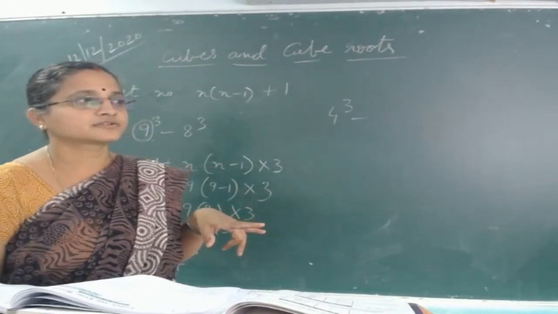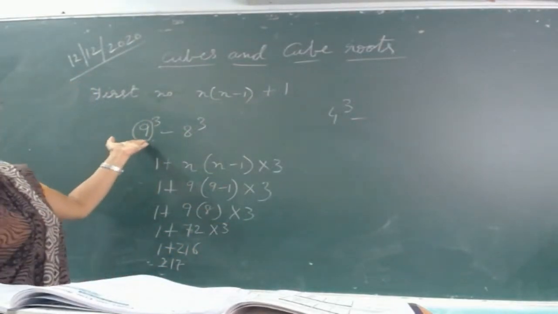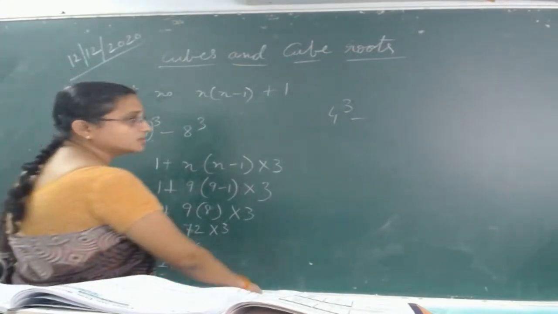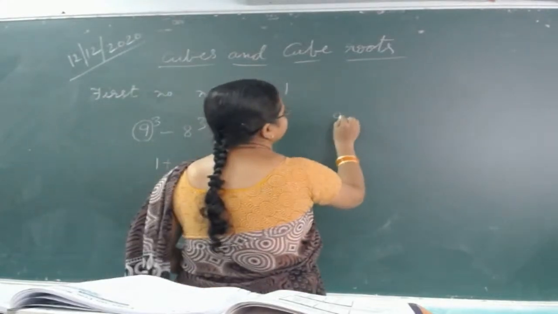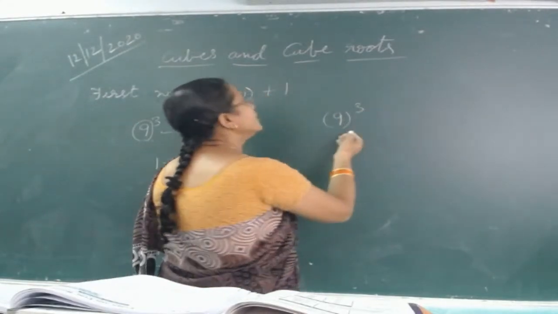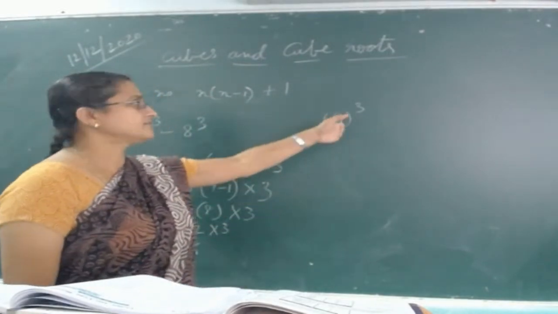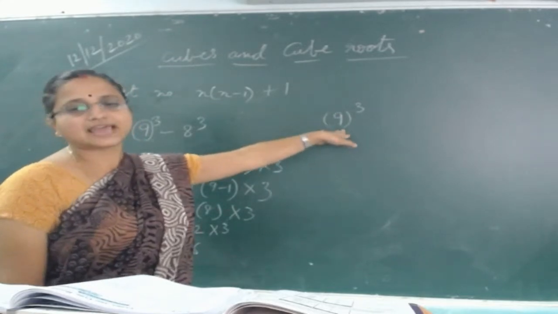I'm talking about the previous number. Previously what did I tell you? Here, any number, see, now I am telling you, if you want to find the value of 9 cube, whatever the number, whether it is an even number or an odd number, previously I explained about 9 cube.